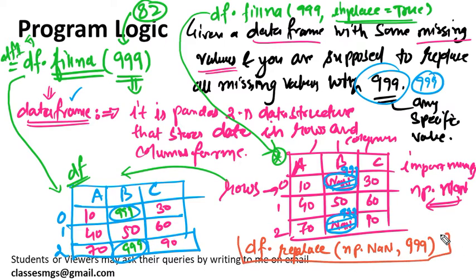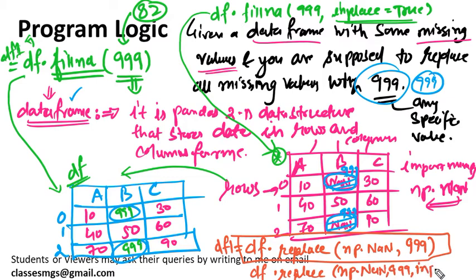Same way, this will not change the original data frame, it will return a data frame with the changed values, let's put df1. And if you want to change the original data frame, then you need to pass the argument inplace equals True, np.nan and then 999, and inplace equals True, and in that case it will change the original data frame itself.